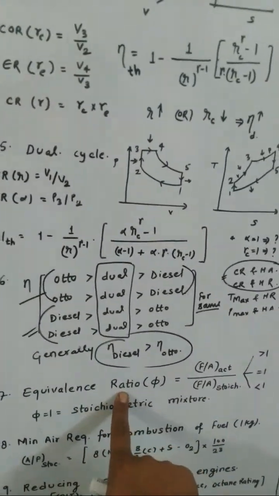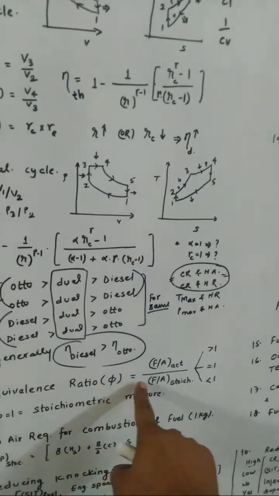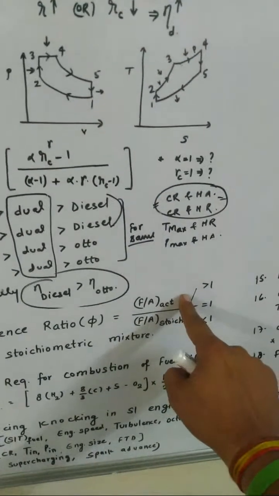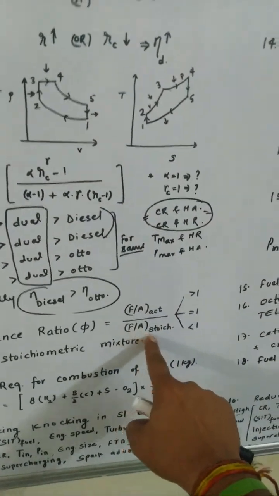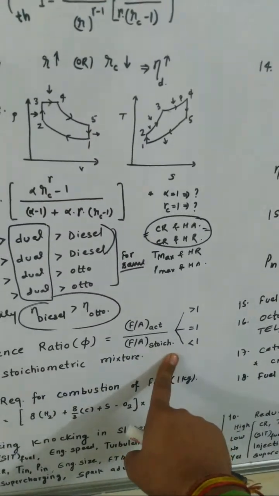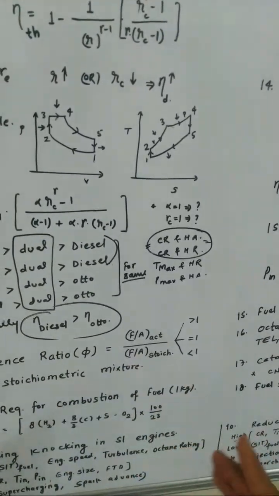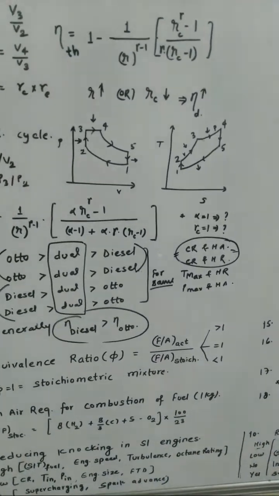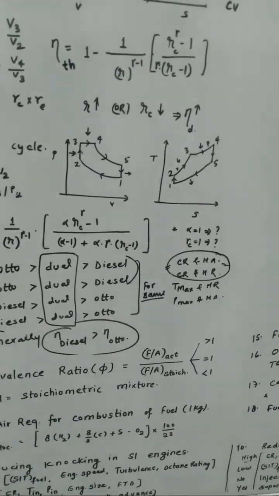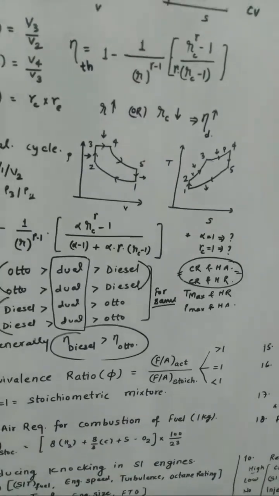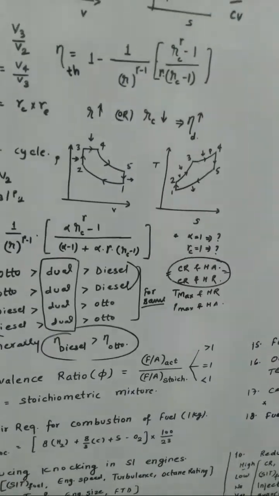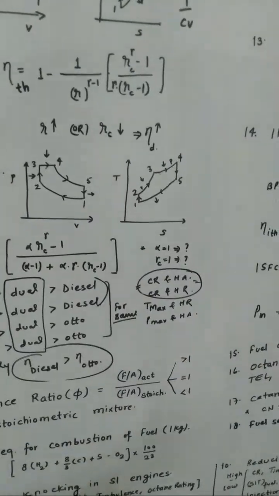But in the equivalence ratio, please be careful that it is not air to fuel, it is the fuel to air ratio actual divided by the fuel to air ratio for the stoichiometric condition. A stoichiometric mixture is where just combustion of the fuel happens, with no excess fuel and no excess air, just the required air for the given quantity of fuel.